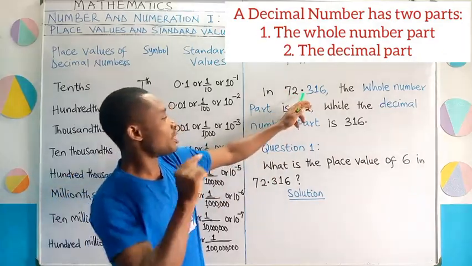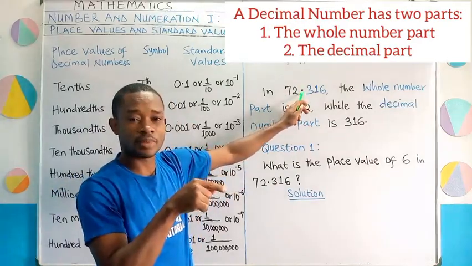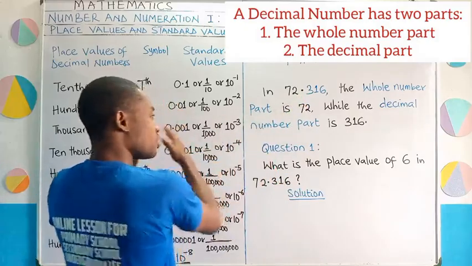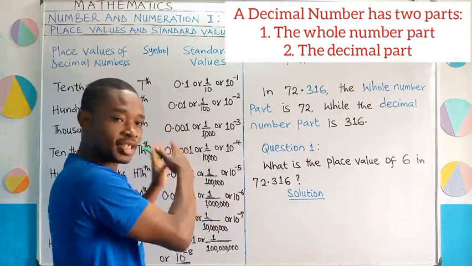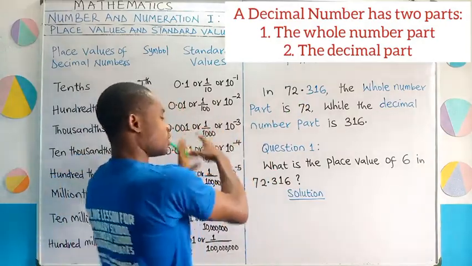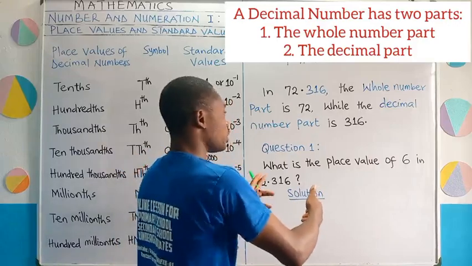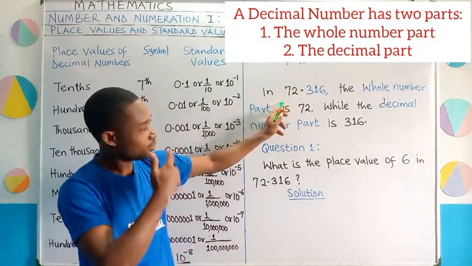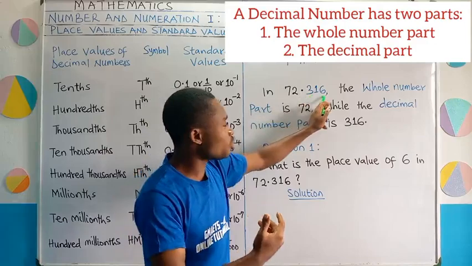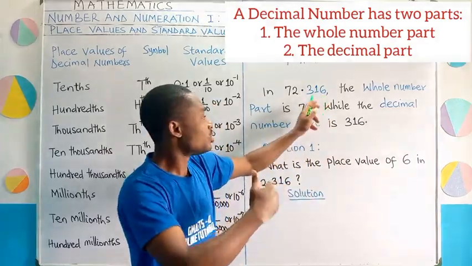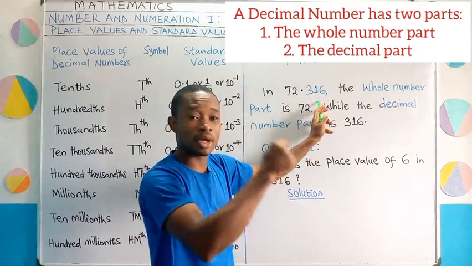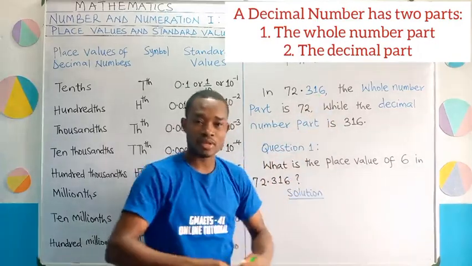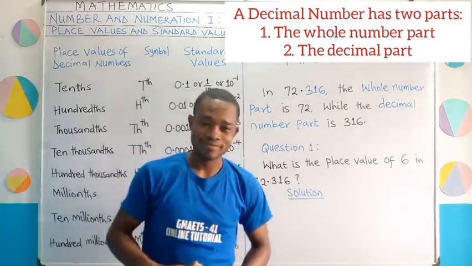It appeared before the decimal point, which means if you're given any decimal number, the numbers on the left side of the decimal point are called the whole number part. And then after the decimal point, you have other digits. Those digits are called the decimal digits. So here 316 are the decimal digits.